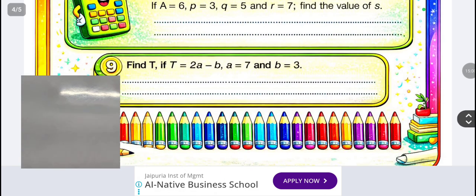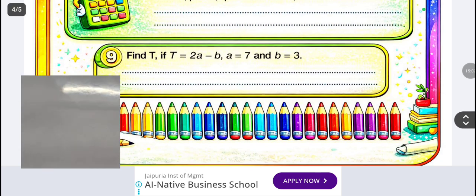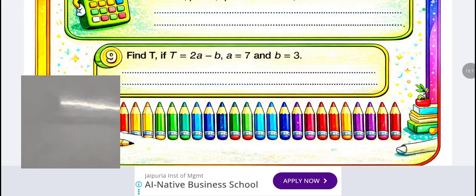So now let's do the last question. Sorry, this is not the last part. I was wrong. This is the last part of this exercise, not the topic. The topic is very big. It has, I think, 4 or 5 exercises.